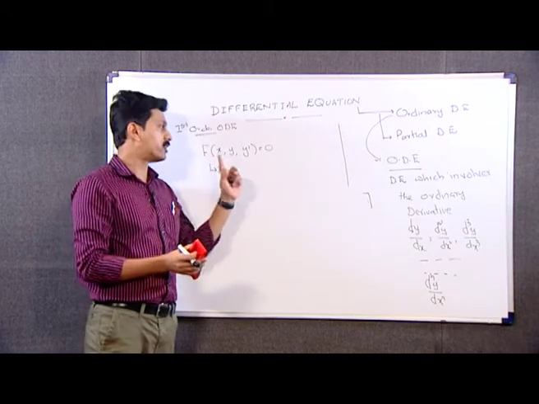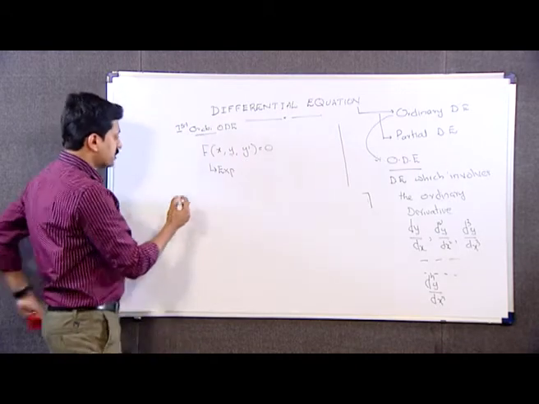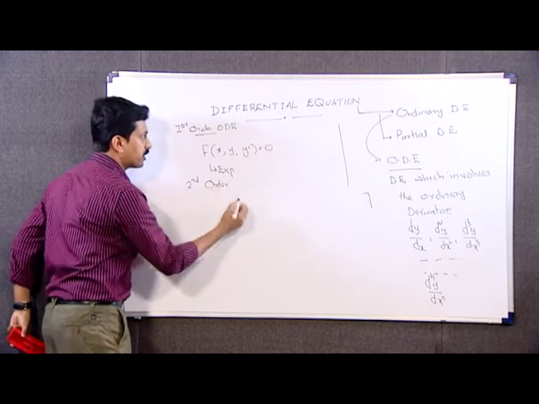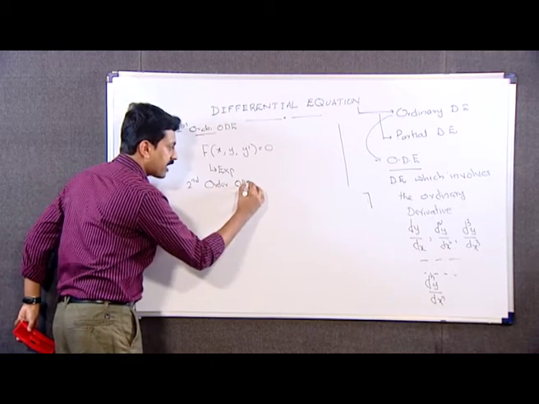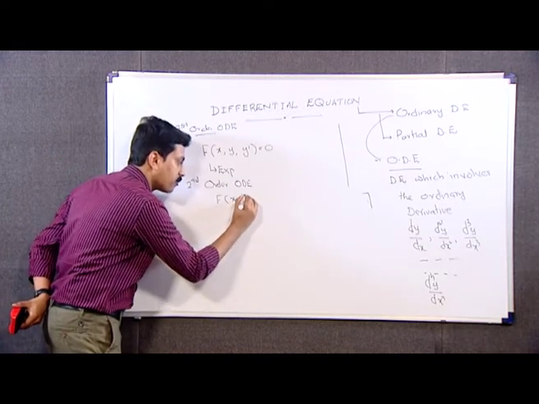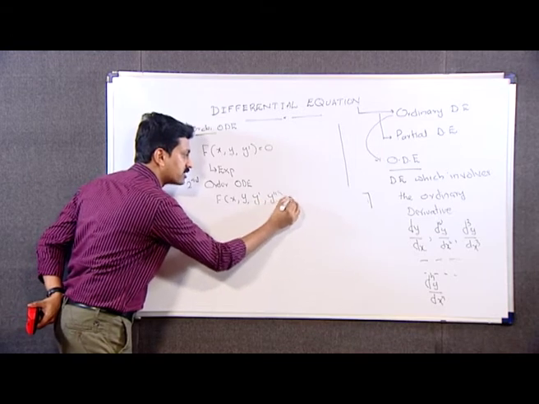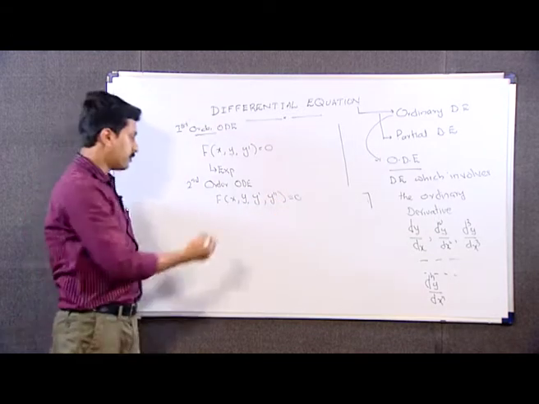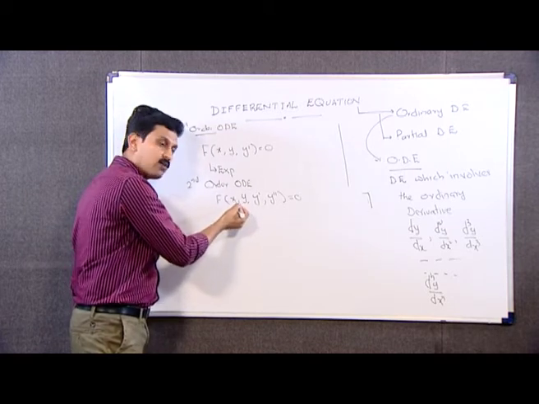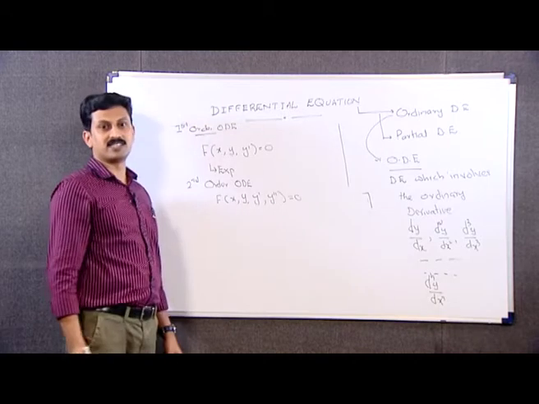No other higher derivatives are involved in it. For the second order differential equation, we can represent it as f of x, y, y dash, y double dash equal to 0. That means this is a mathematical expression which involves x, y, y dash and y double dash.